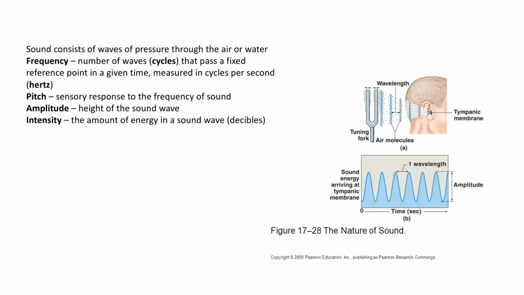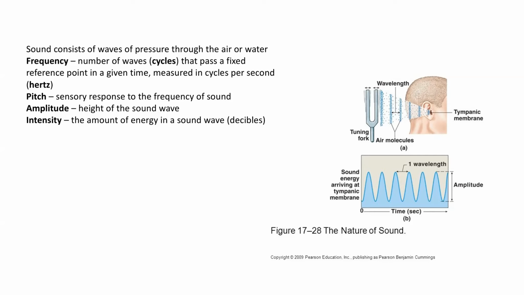Now we're going to talk about sound, how we hear. Here are some vocab words for how we measure what we're hearing. Sound consists of waves of pressure of the air or of water, and there are different frequencies: the number of waves that pass a given point per time.